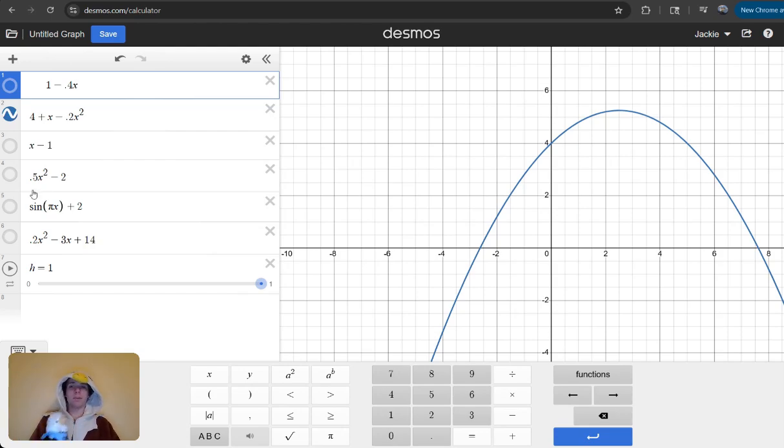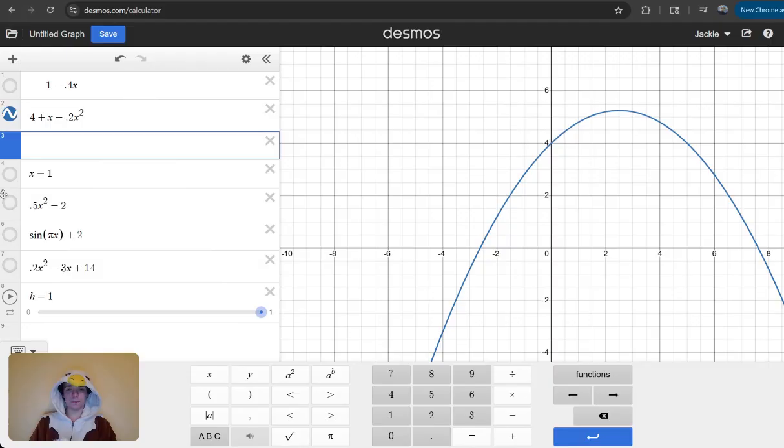Now let's think about which one of these functions down here Shadow could fly on, so that when he picks up where Jackie leaves off, he can fly without there being any discontinuity, without any jump, or without a sharp corner. First, let's find j of 5. So that's going to be 4 plus 5 minus 0.2 times 5 squared. That's 0.2 times 25.